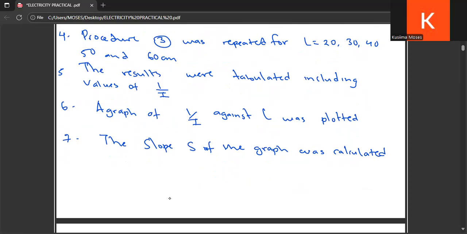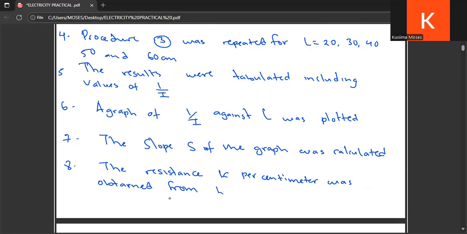Then second last, the resistance K per centimeter was obtained from K is equal to S times E, where E is our EMF and S is our slope.